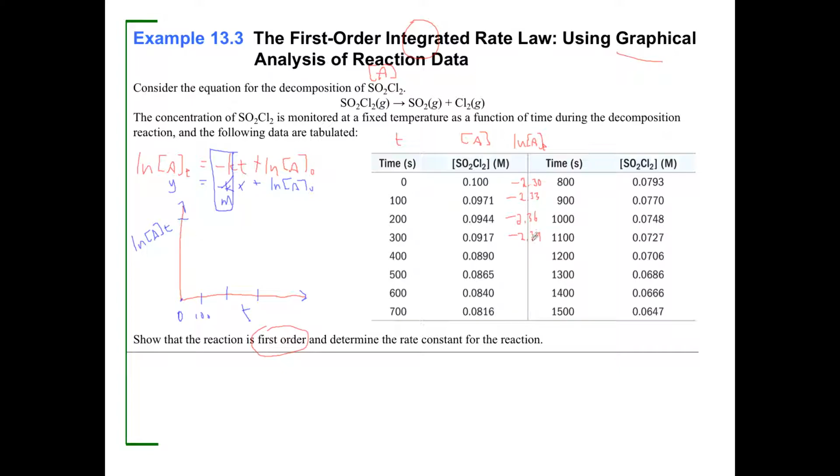Okay, I've got to think about how I'm going to graph these guys. I'm going to assume if you did this with Excel, you would see that it comes out beautifully, okay? But I'm going to graph these by hand, and you're going to take my word for it. This is minus 2.3, that's minus 2.33.